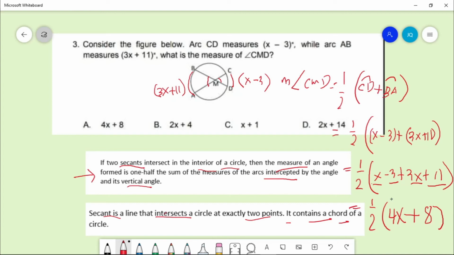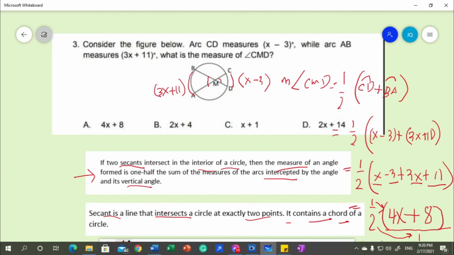After that, we multiply it with 1/2. How are we going to multiply fractions? We multiply numerator to numerator and denominator to denominator. Since this one is a whole number, it has a denominator of 1, and our fraction here is 1 over 2. So 1 times the quantity of 4x plus 8, then 2 times 1.